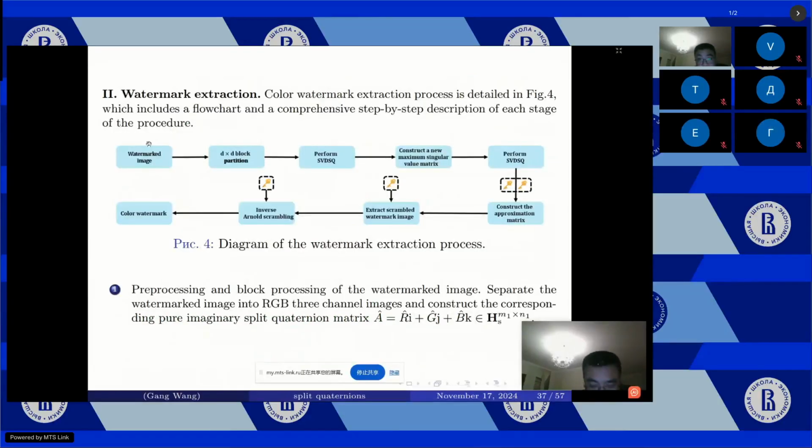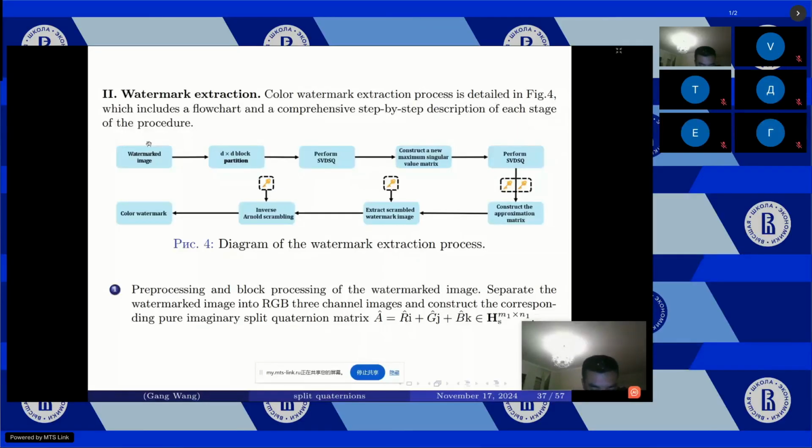The watermark extraction process begins with preprocessing the watermarked image by separating it into RGB channels, which allows for the reconstruction of the corresponding pure imaginary split quaternion matrix. This matrix represents the color information in a structured manner.